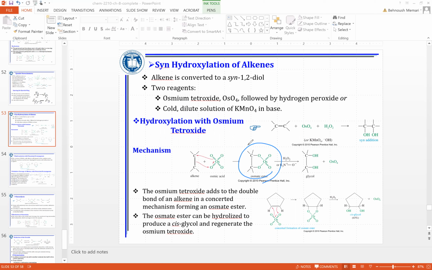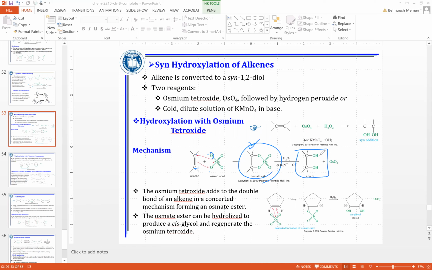In this case, also the hint is that a bridge is going to form, or if you look at the structure for osmium tetroxide, the oxygens are going to be facing the two carbons, and are going to be added from the same side. The final result is formation of a diol. So if you have osmium tetroxide with alkene, the final product is going to be diol.